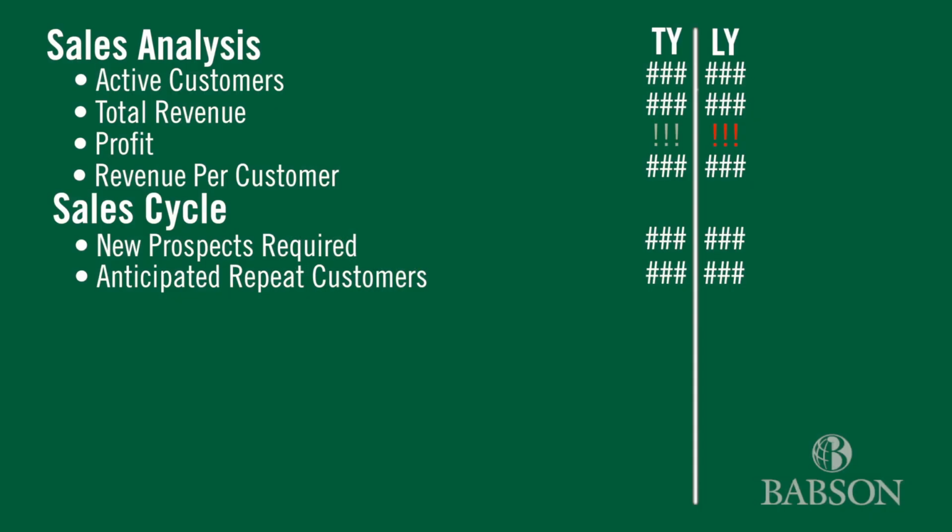How many repeat customers are required for next year's projections? As of today, how many prospects do you have in your system? What percentage of your prospects do you anticipate will convert to actual sales? And finally, what's the length of your sales cycle in days?